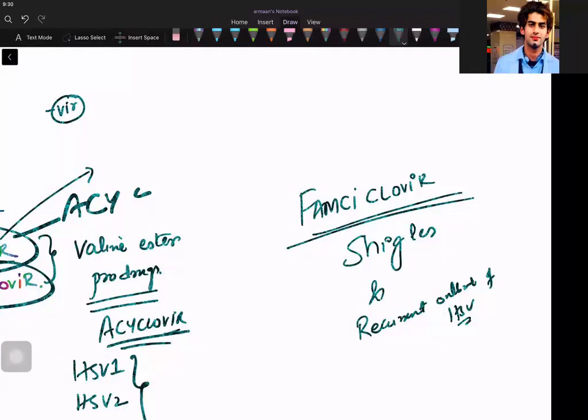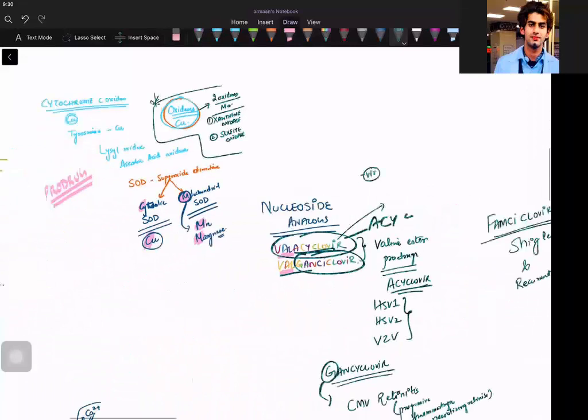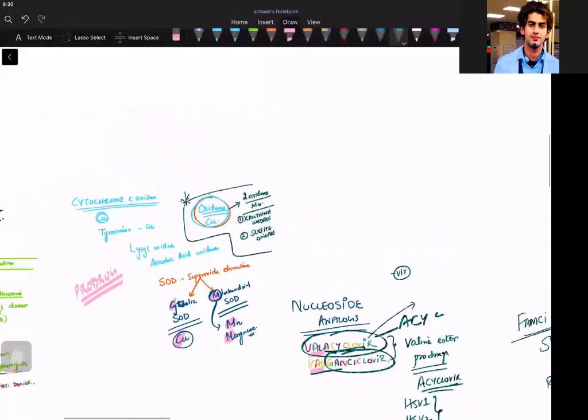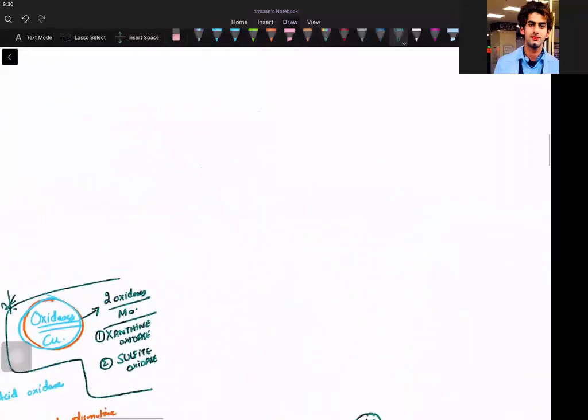Correct. Now see, there is something called isoenzyme. When you come across the system, there is something called isoenzyme. Let me write isoenzyme. What is isoenzyme? Iso means same. It is not that the enzyme is the same.